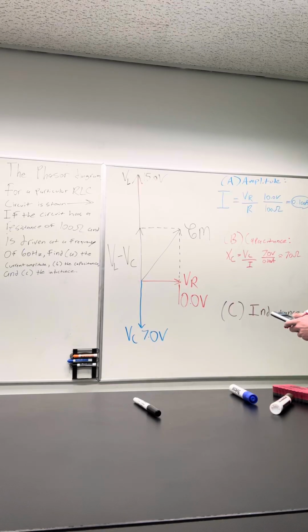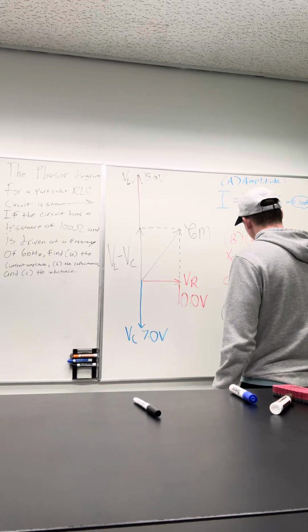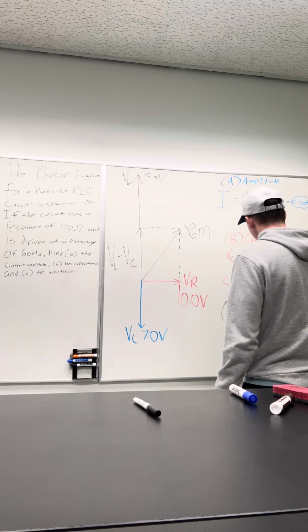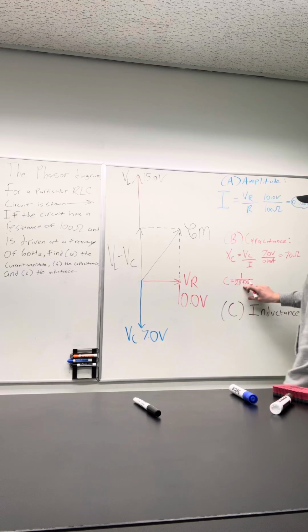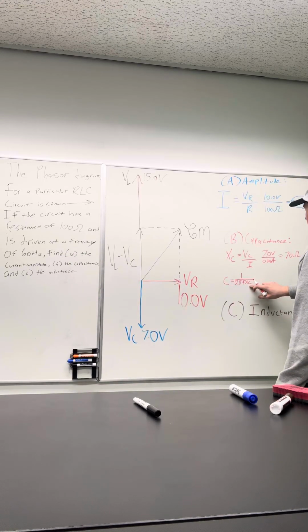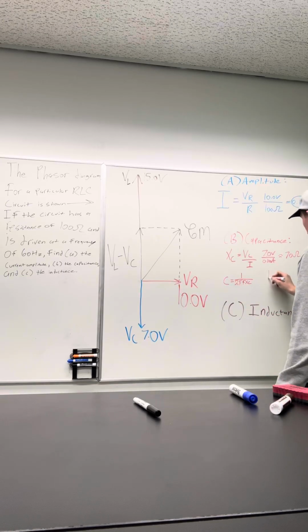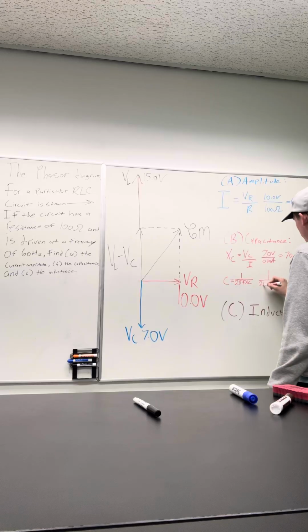Now we need to find the actual capacitance itself. To do that, it would be C equals 1 over 2 pi f XC. F is equal to our frequency, which is 60 hertz. XC is our capacitive reactance, which we had just found. So now we plug in the numbers: 1 over 2 pi times 60 hertz times 70 ohms.